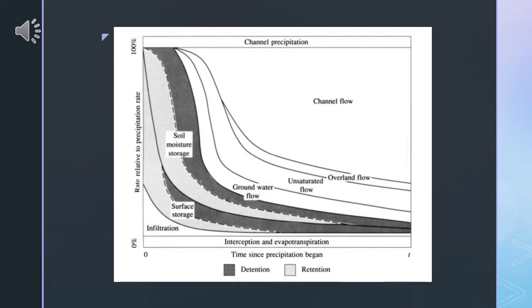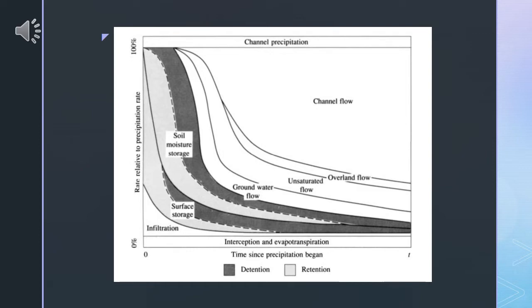Then we can observe there is overland flow, unsaturated flow, groundwater flow, and soil moisture, surface storage, and infiltration. The rate of all these is given, also the channel flow is given.